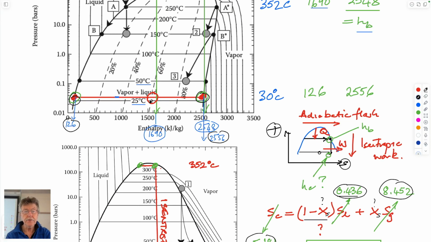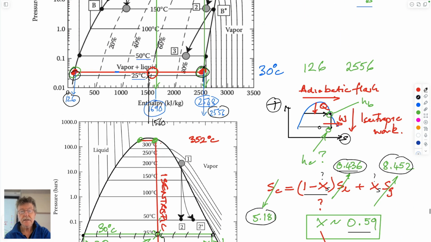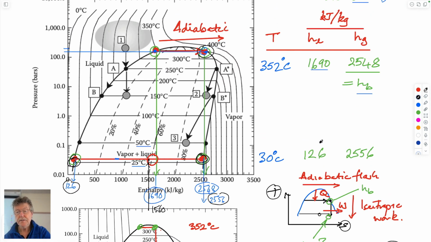So it's this value that would exist here at 60% steam, and so this magnitude would be here. So the enthalpy that represents that point here would be, I'm taking it as 1560, which you can get from substituting 60% into this and the values of these magnitudes, which are these two values here.